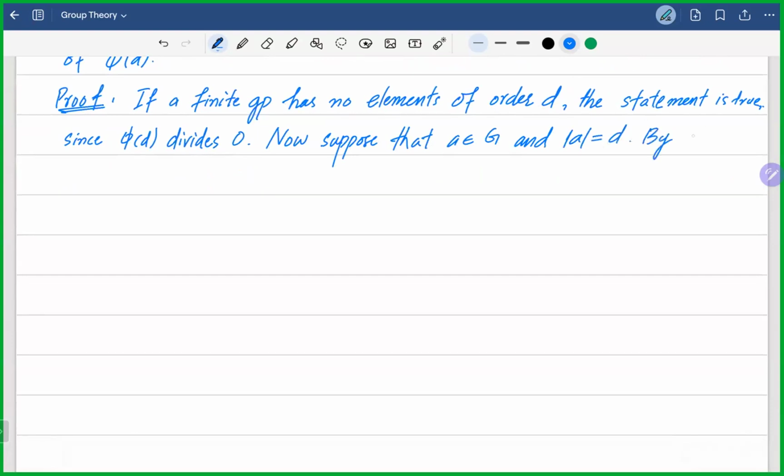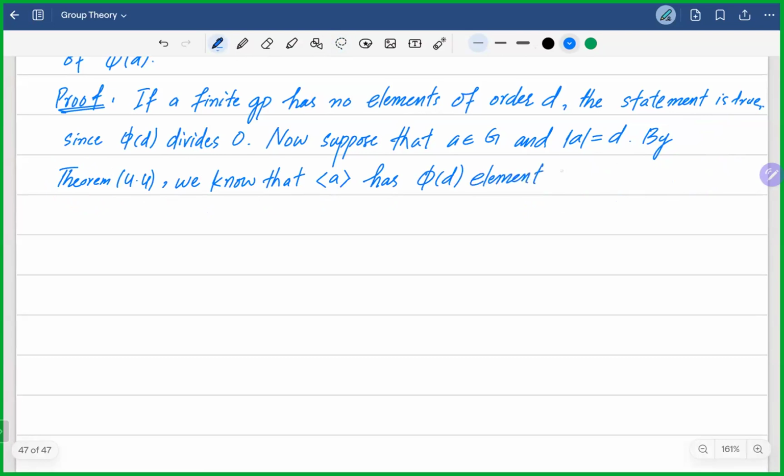Then by Theorem 4.4, we know that the set generated by a has phi of d elements of order d.